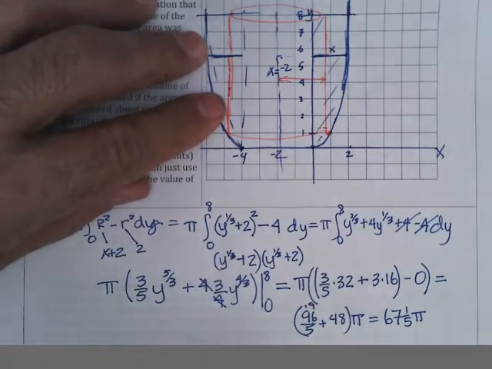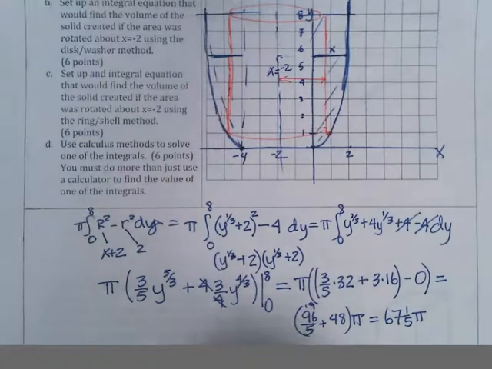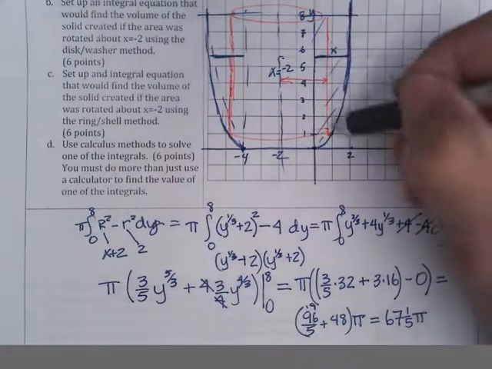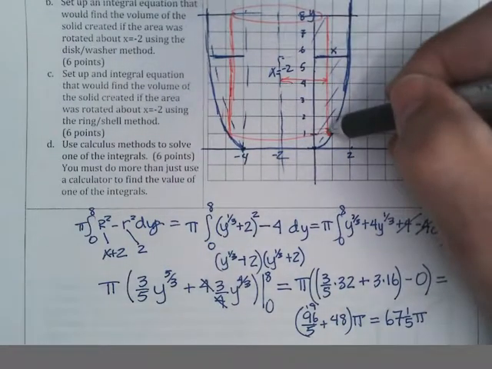There's r. And then 2 pi r times the height. That's this.